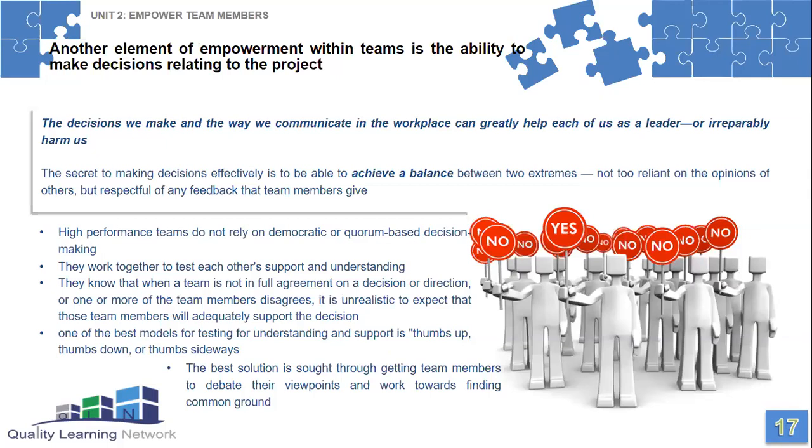Okay, so the decisions that we make and the way we communicate in the workplace can greatly help us achieve leadership. Obviously, you can do massive harm to both the company and the people if you're just not thinking straight. You are all over the place. Your actions are led by emotion, which is a big fat no. That leads again to disrespect, or actions that can even amount to legal reactions.